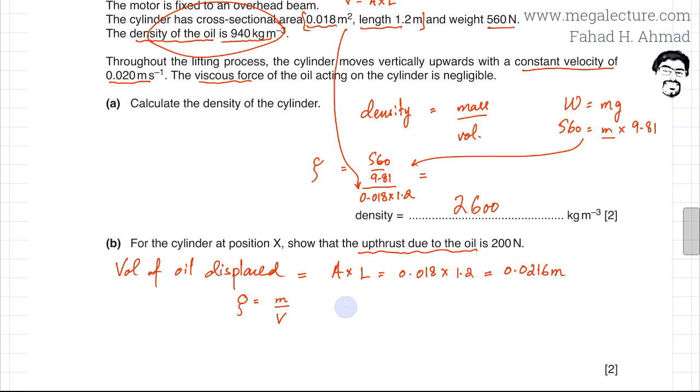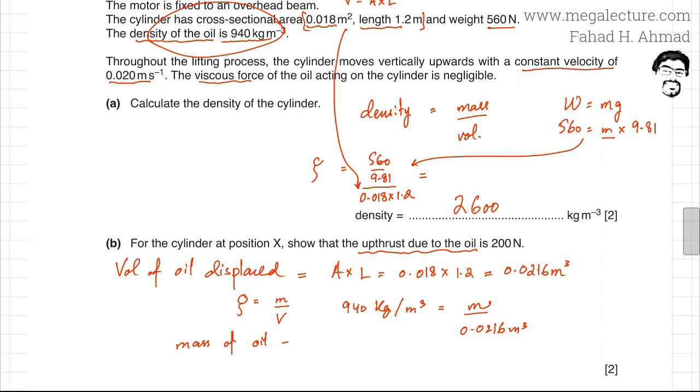So I'm going to take that 940 kilogram per meter cubed, and I'm able to figure out the mass because the volume is also known. It's 0.0216 meter cubed. So using my formula for density is equal to mass over volume, I can figure out the mass of oil that has been displaced.